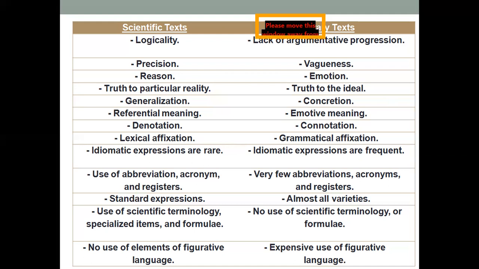It may be standard language, it may be colloquial language, or even in the same novel, for example, which is a literary text, you can notice the use of several varieties, such as the standard language, the colloquial language, and so on. Okay, these are the main differences between scientific texts and literary texts.